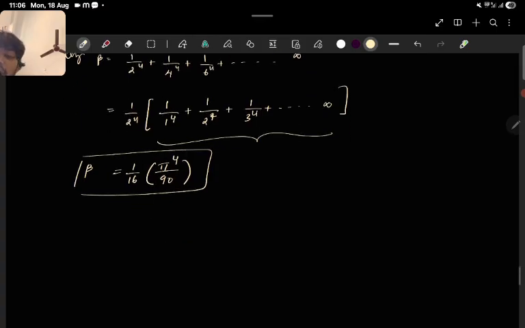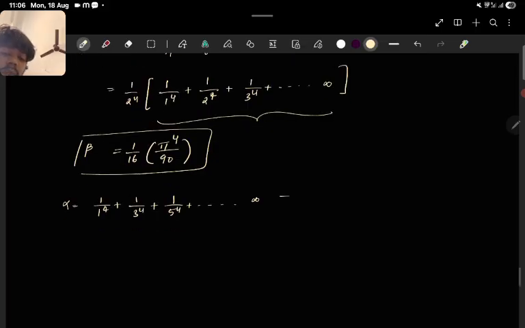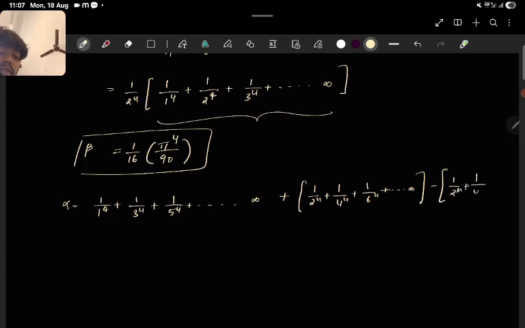Sir, what is the alpha value now? Alpha is equal to 1 upon 1 power 4 plus 1 upon 3 power 4 plus 1 upon 5 power 4 and so on up to infinity. We don't have even terms over here, we only have odd terms. Can I just add 1 upon 2 power 4 plus 1 upon 4 power 4 plus 1 upon 6 power 4 and so on up to infinity, and minus 1 upon 2 power 4 plus 1 upon 4 power 4 plus 1 upon 6 power 4 and so on up to infinity?